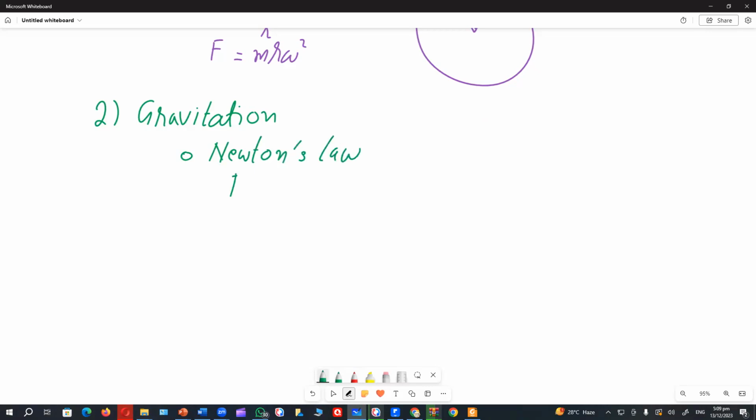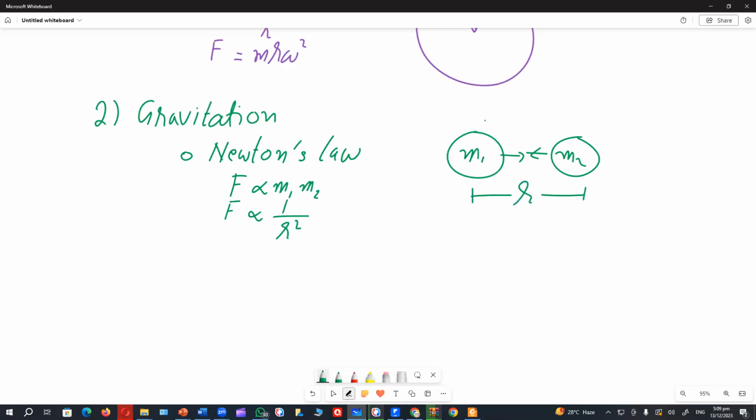It says that the force of attraction between two isolated masses is directly proportional to the product of the masses and inversely proportional to the square of the separation between the masses. So Newton's law of gravitation can be given as F is equal to G m1 m2 upon r square.